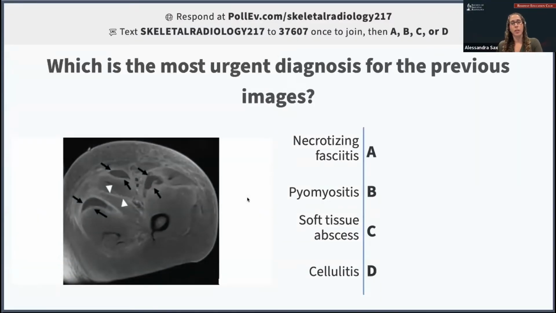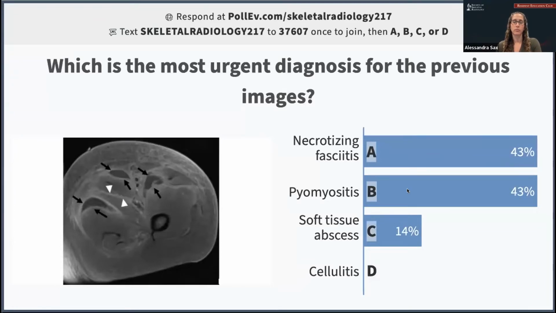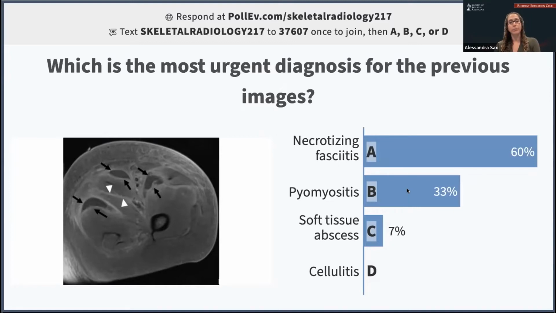And our question for this is going to be, what is the most urgent diagnosis for these images? Looks like we're leaning towards A, our necrotizing fasciitis, and that's correct.